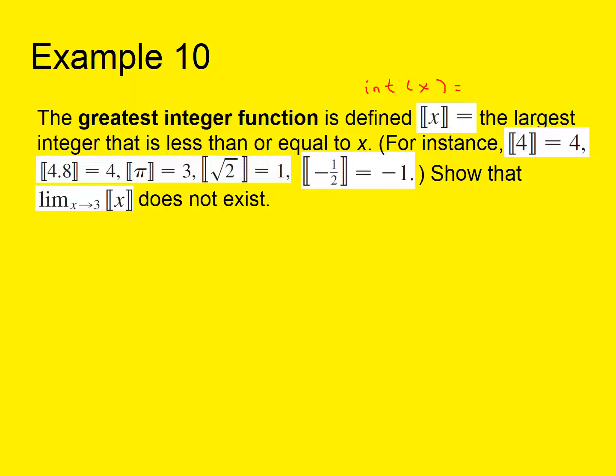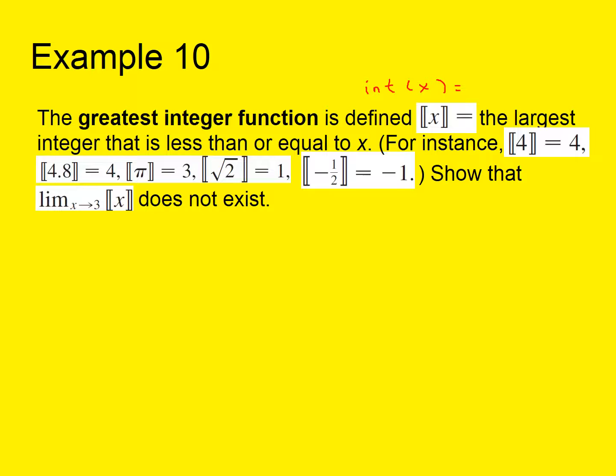And the largest integer which is less than or equal to negative 1/2 is negative 1, right? Integers include the negatives, so the greatest integer function returns negative 1 for an input of negative 1/2.